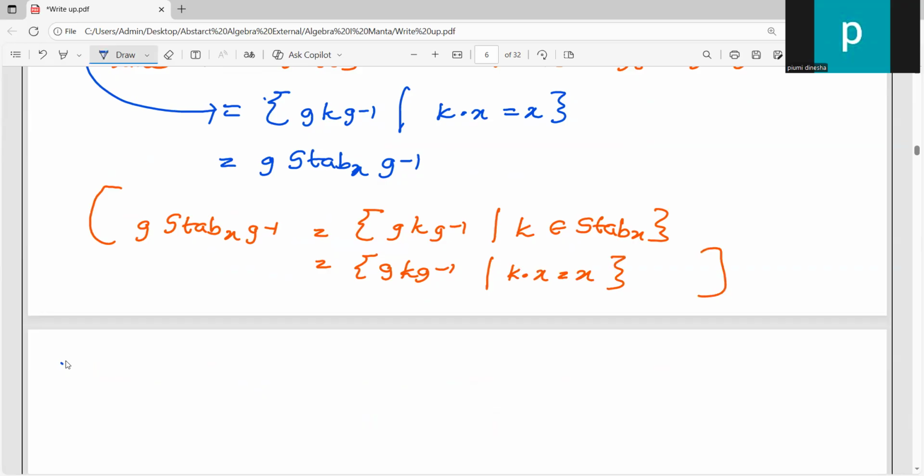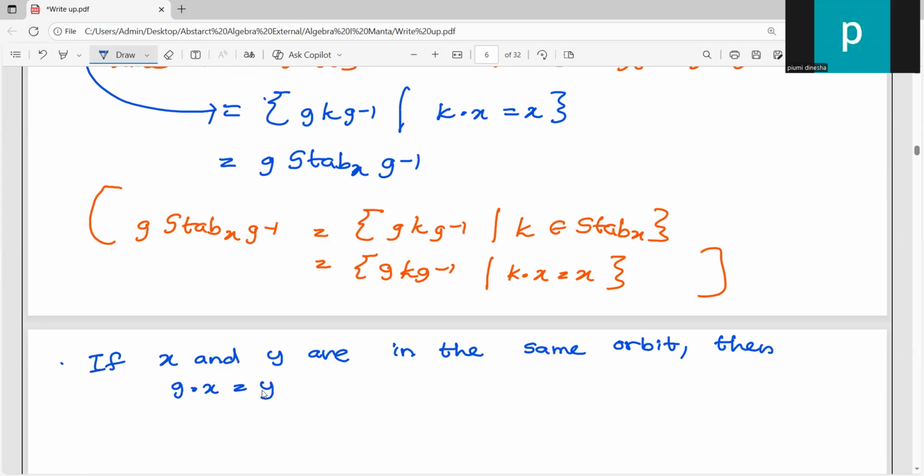No, madam. Right. Now, on the other hand, if you have two elements that are in the same orbit, let's say x and y are in the same orbit, then we must have g dot x equal to y from the proof of the first one, in the proposition, for some g.